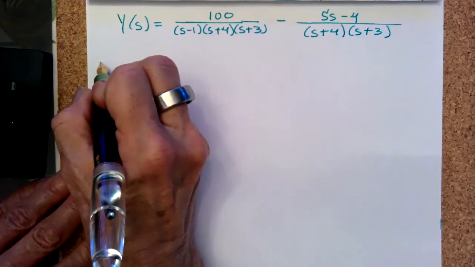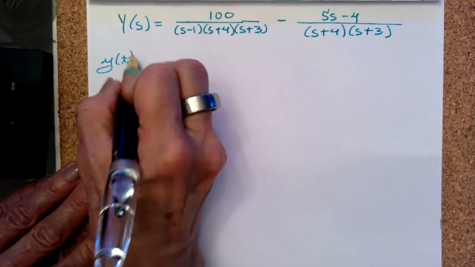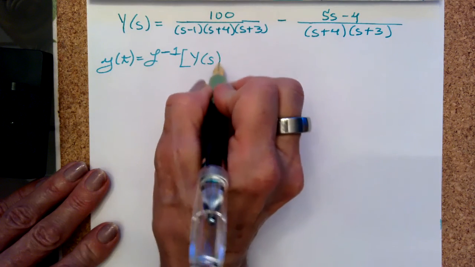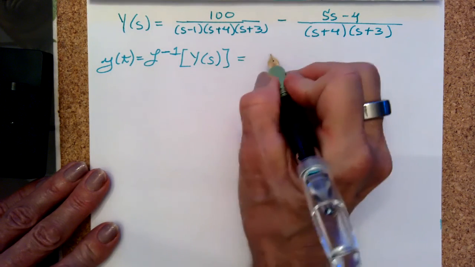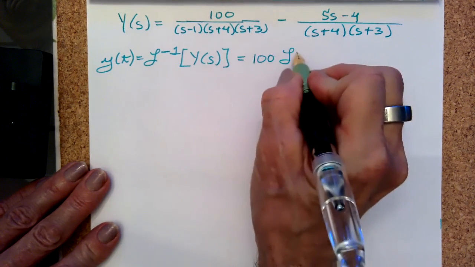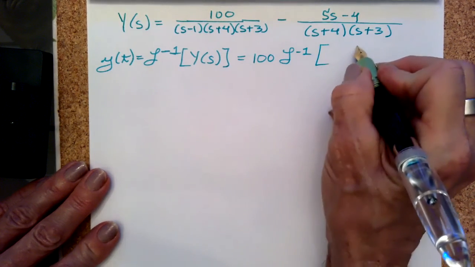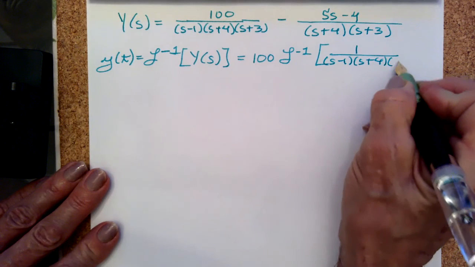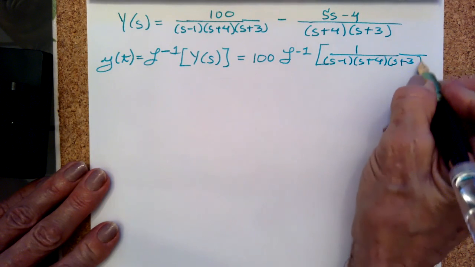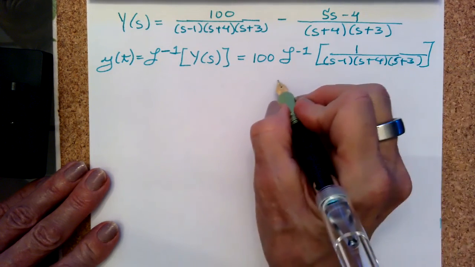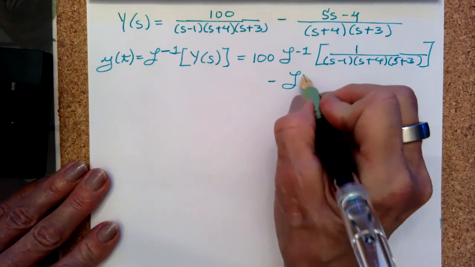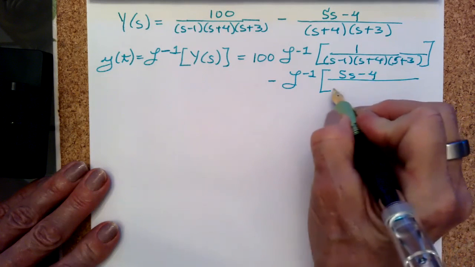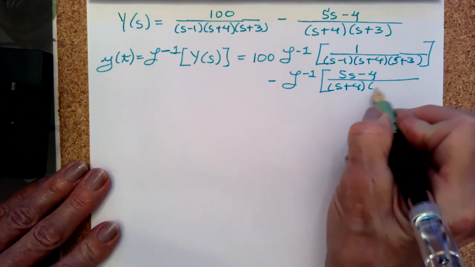Okay, and so our solution, little y of t, is the inverse Laplace transform of capital Y of s. So that is 100 times the inverse Laplace transform of 1 over (s minus 1)(s plus 4)(s plus 3), minus the inverse Laplace transform of (5s minus 4) over (s plus 4)(s plus 3).